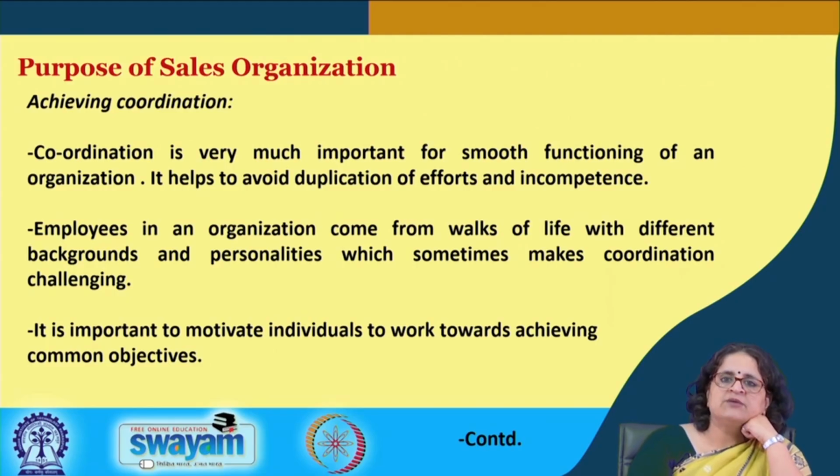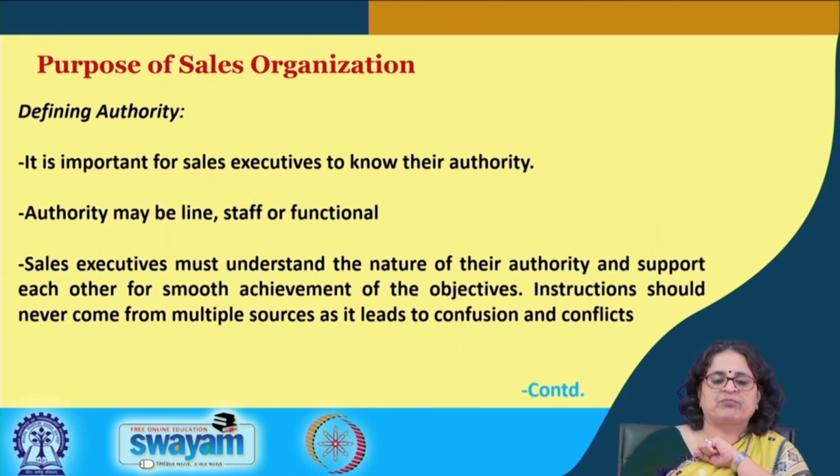In that case, it's again important that there is coordination between the people working under an activity head or a line function, and also coordination between the line and staff, or people in the different verticals who are working with each other. So employees must work in coordination and in conjunction with each other.